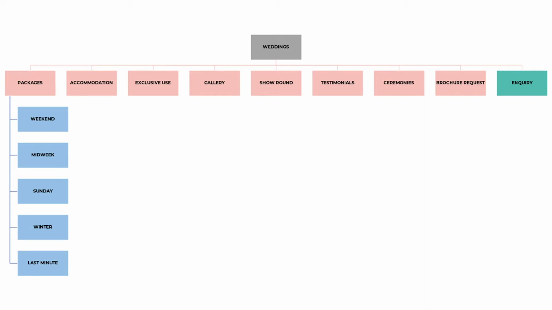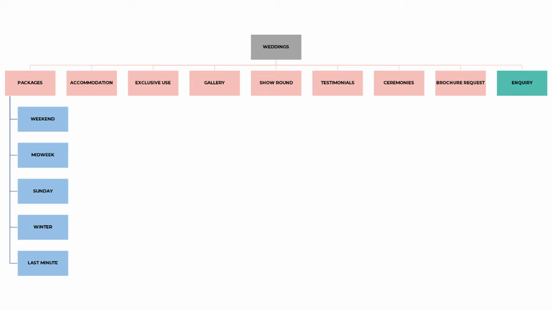So this is why they've got a packages section there. You can see from the slides that they've got midweek, weekend, winter, that type of thing. They've also got accommodation at the hotel that they can sell for weddings, so they can accommodate up to 80 people. So they sell an accommodation and wedding package, and they also sell, as you'll see on a separate page, exclusive use weddings.